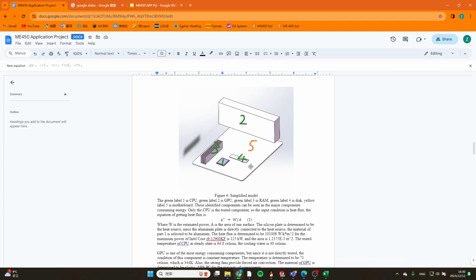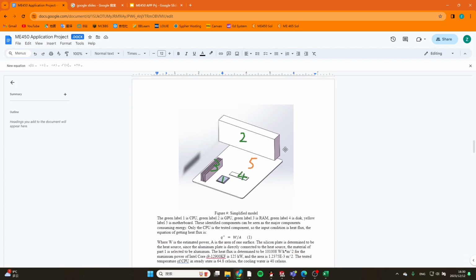So let's introduce the boundary conditions of each component. First, CPU is a heat generating source and is tested. So we're using flux instead of temperature. Also, this surface is attached to the water cooler, so there is a convective surface as well.